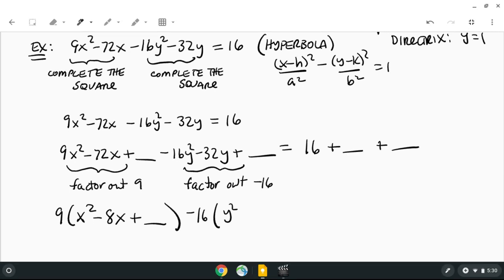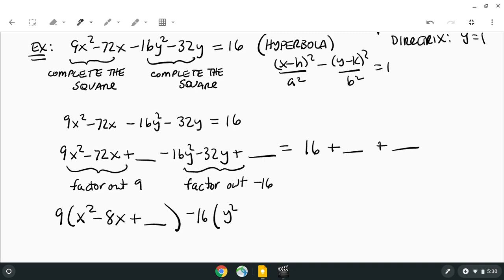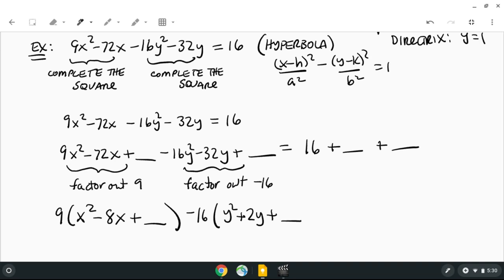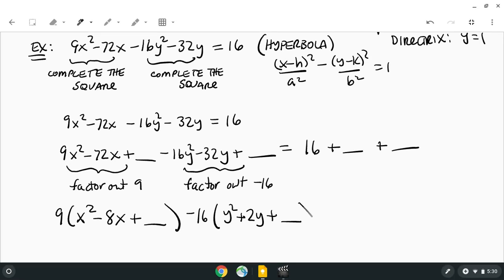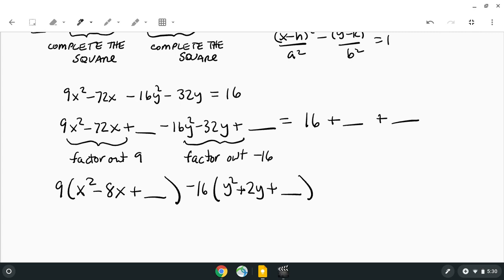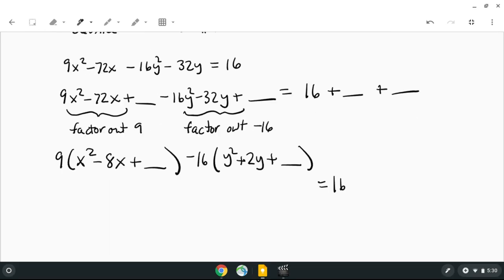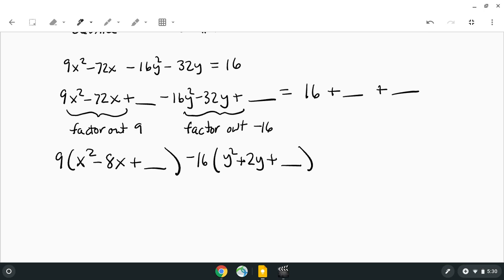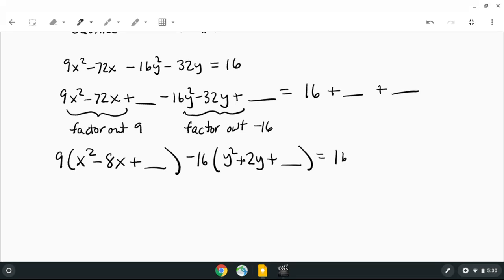Negative 16 times positive 2 will give me negative 32. And then I have 16 here.